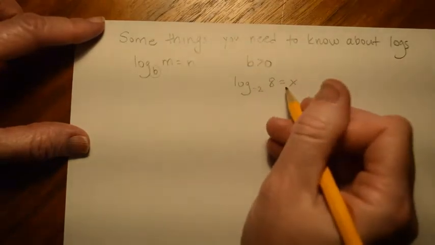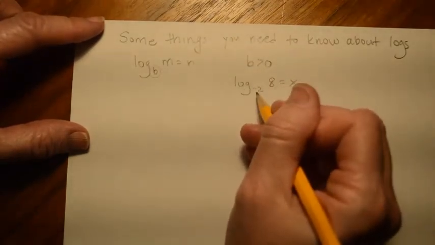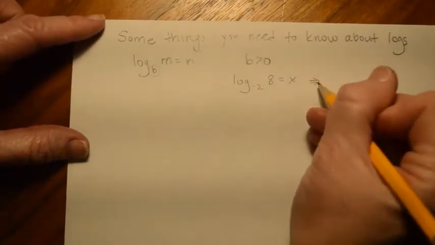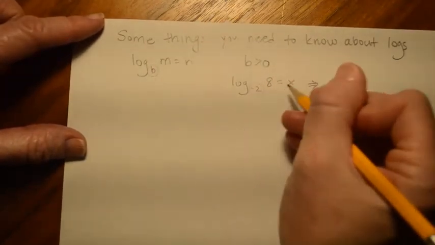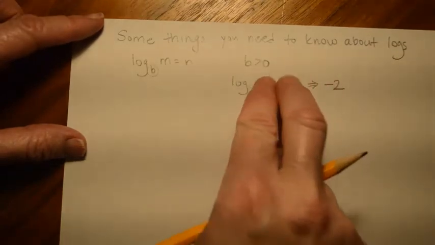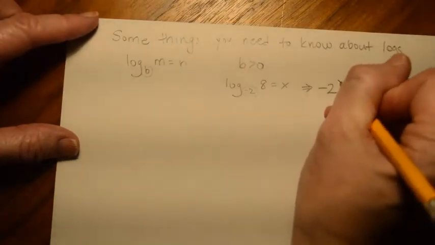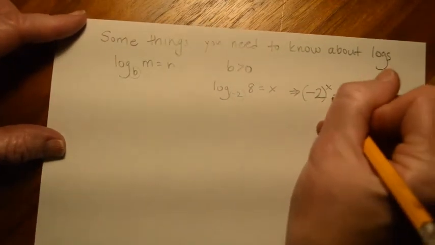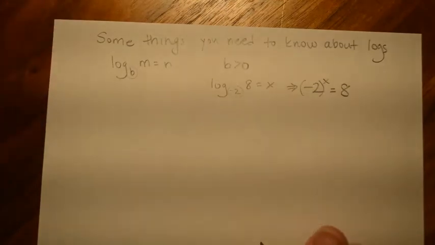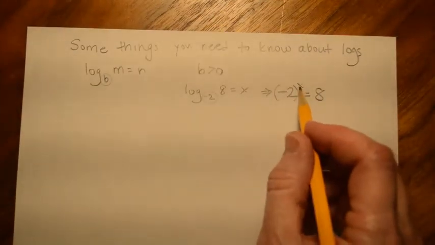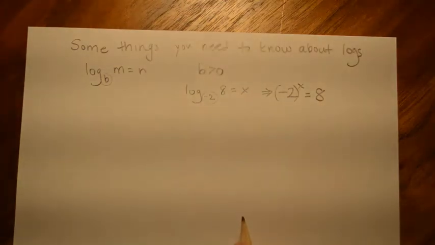Well, we already know that we can convert any log into an exponential function, and so if we do that, then the base of the log would become the base of our exponential function, and these two essentially flip-flop. So here the x acts as the exponent on the -2, and the 8 becomes the answer that we're looking for. So then I'm asking the question, -2 to what power equals 8?